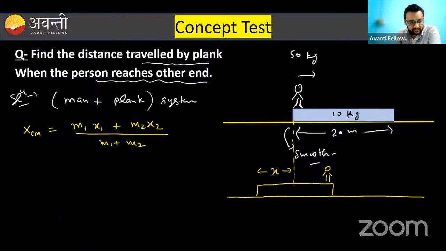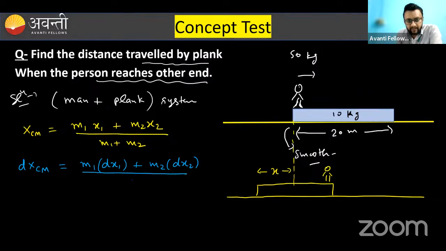dxcm. If I differentiate it with respect to time, then dt will cancel out from both sides. So it will be dxcm is equal to m1 dx1 plus m2 dx2 divided by m1 plus m2.